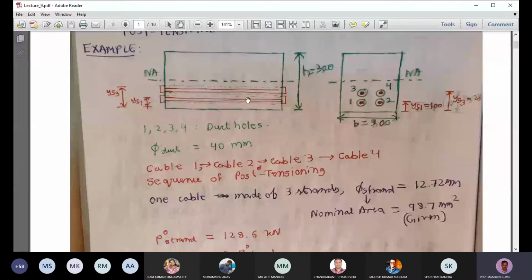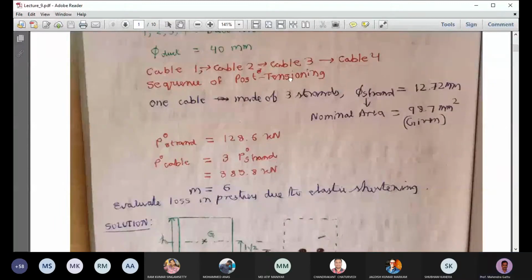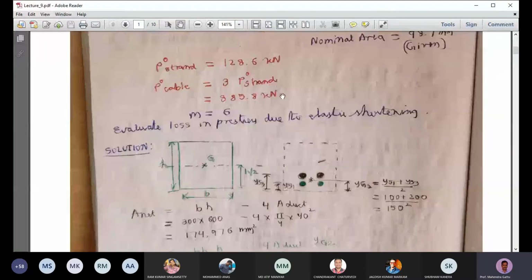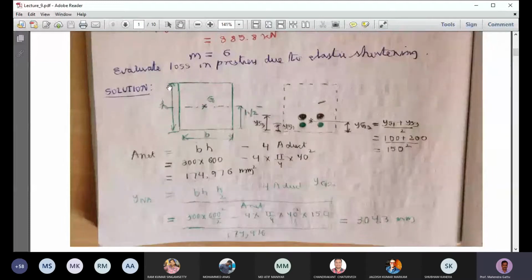We assume that there is no bond between the concrete and the bars, although they are grouted later after post-tensioning. So we'll assume the cross-section properties.